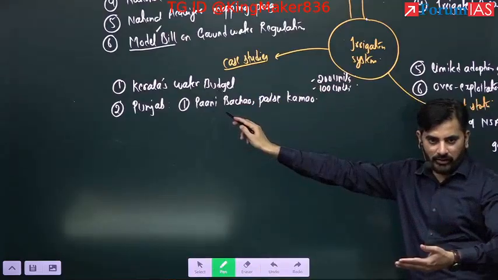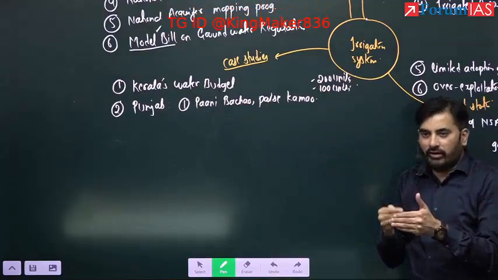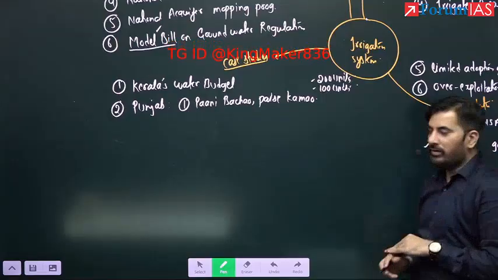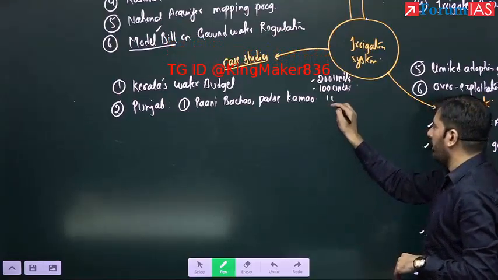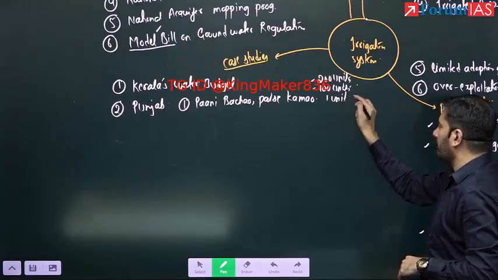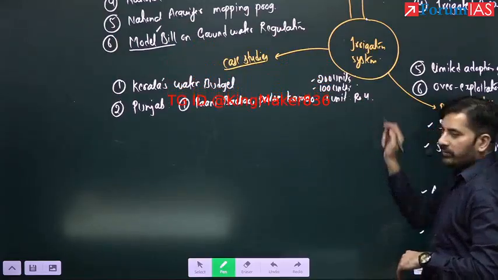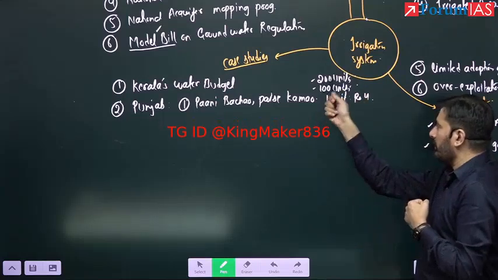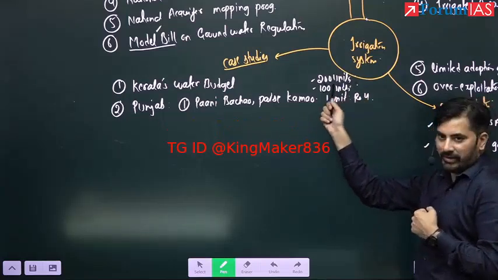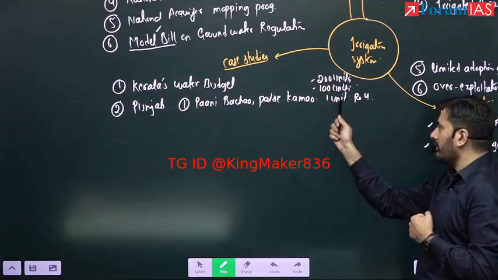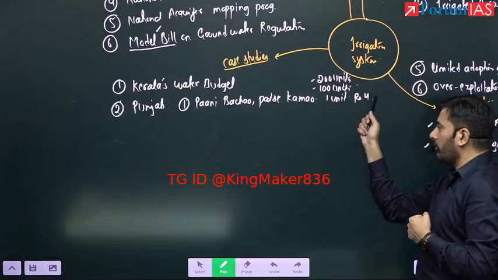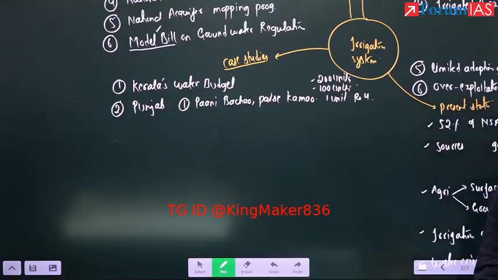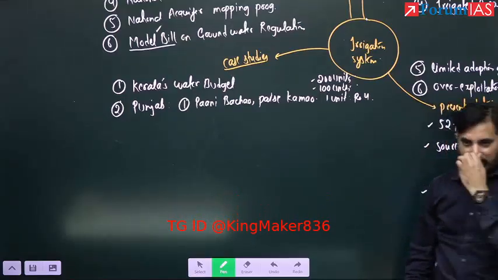They have saved some water. For every unit of electricity saved, they'll get some money. For example, they might say for every 1 unit of electricity that you save, you will get rupees 4. So if I'm a farmer, I've got 200 units of free electricity, but I've used only 100 units. I've saved 100 units. For every 1 unit, I'll get 4. 100 into 4, I'll get 400 rupees every month. Clear with that?